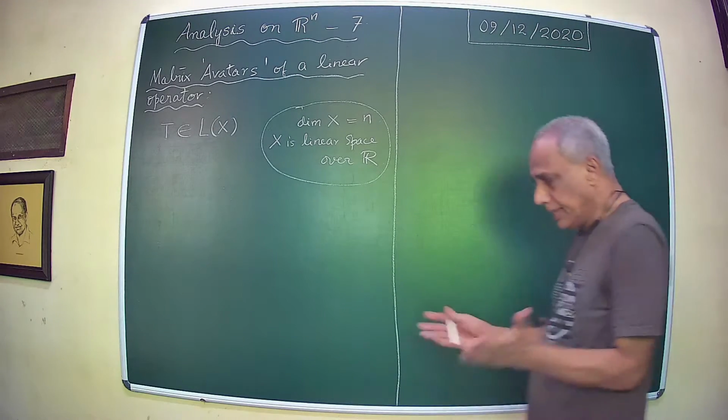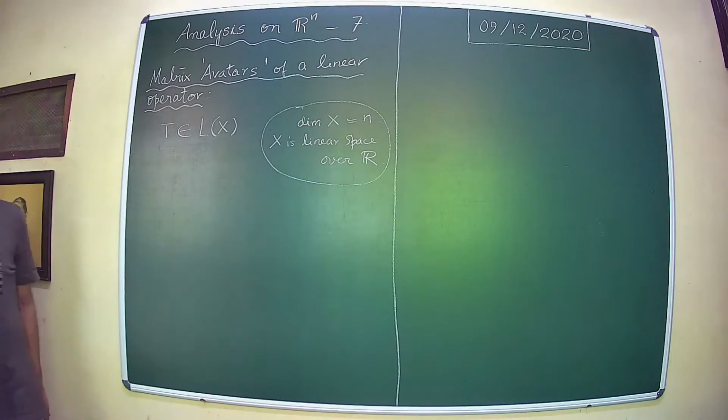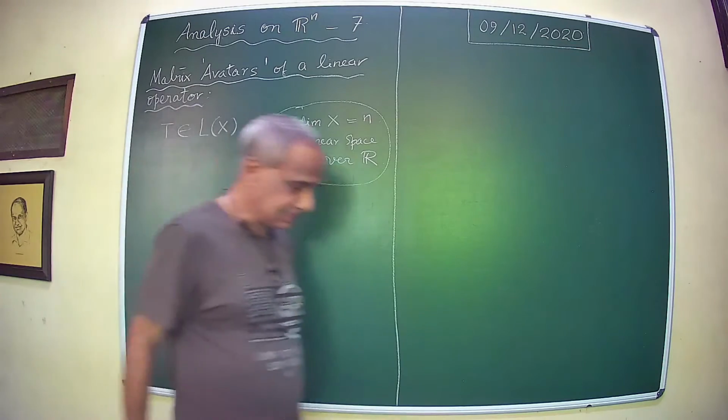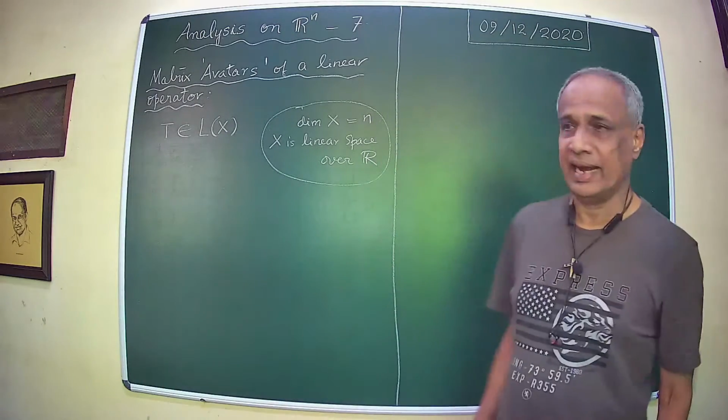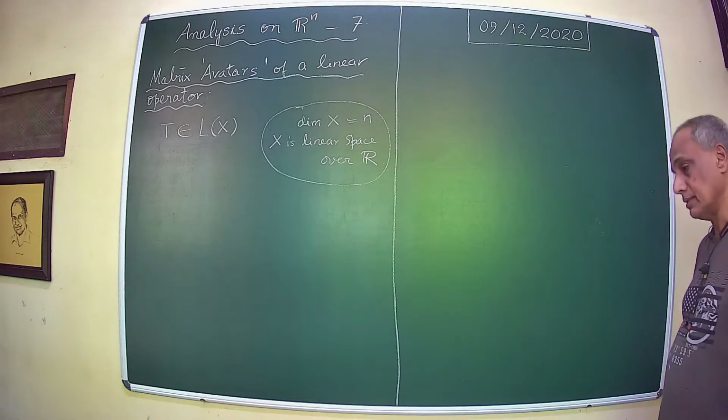Now we have already seen that if I choose an ordered basis for X, then I get an isomorphism of X onto Rn.